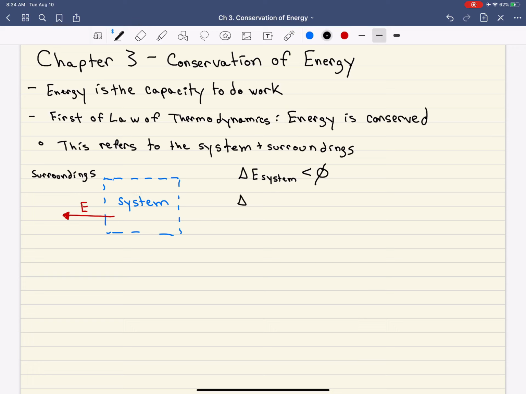Conversely, we could say that for the surroundings, the change in energy is going to be positive because it's receiving energy from the system.